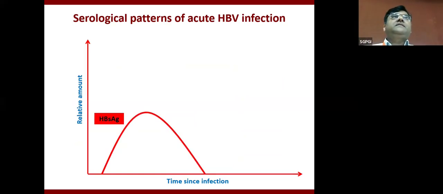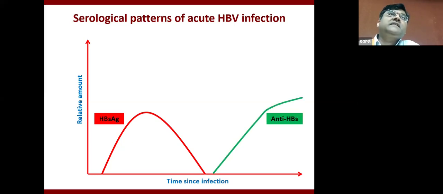HBsAg will appear first, its concentration will go up, and then gradually it will disappear. Typically, reading is 6 months, but in real life it takes up to 1 year, right? Now what will happen? Once HBsAg has disappeared, then anti-HBs will appear, and this will continue for life. These are the two markers.